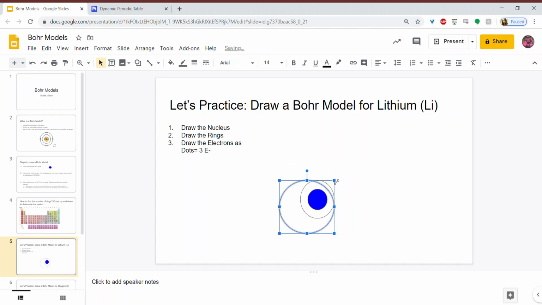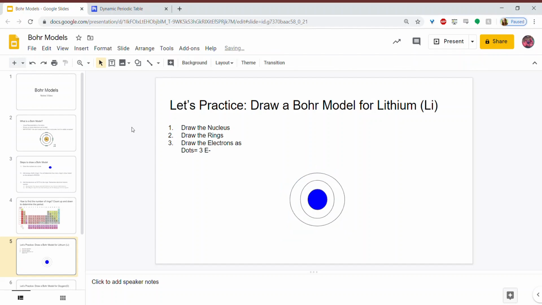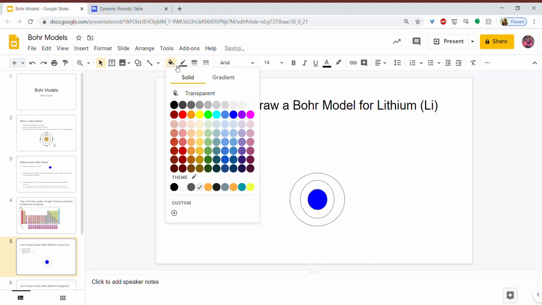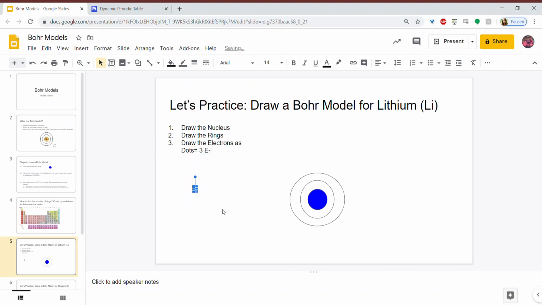Make it smaller. Alright, draw the electrons as dots. I'm just going to grab a small circle. Color it in.